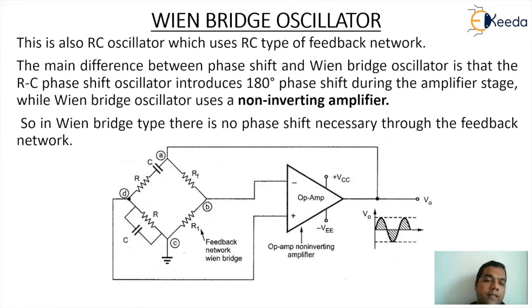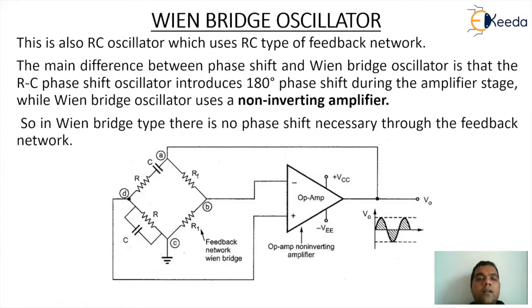So what do you mean by this statement? Very simple logic. The amplifiers we are trying to use here in Wien bridge oscillators are giving 0-degree phase shift. And that is the main reason the Wien bridge circuitry, when it is a part of the feedback circuitry, will also produce 0-degree phase shift.